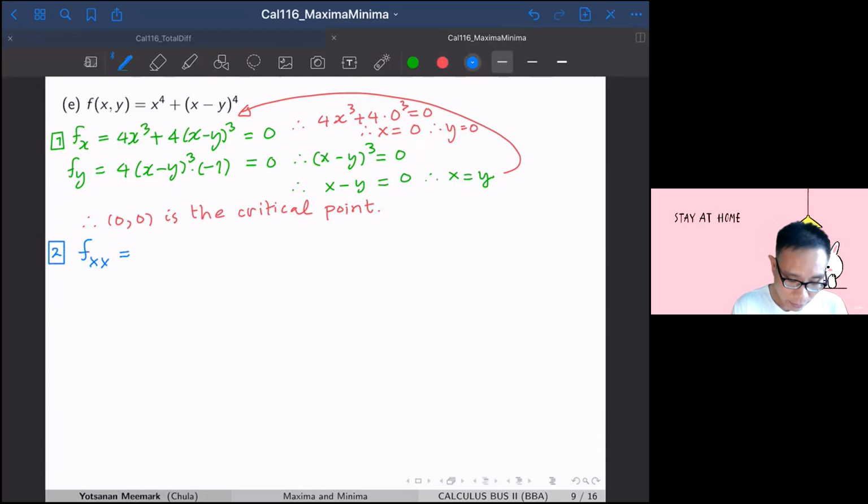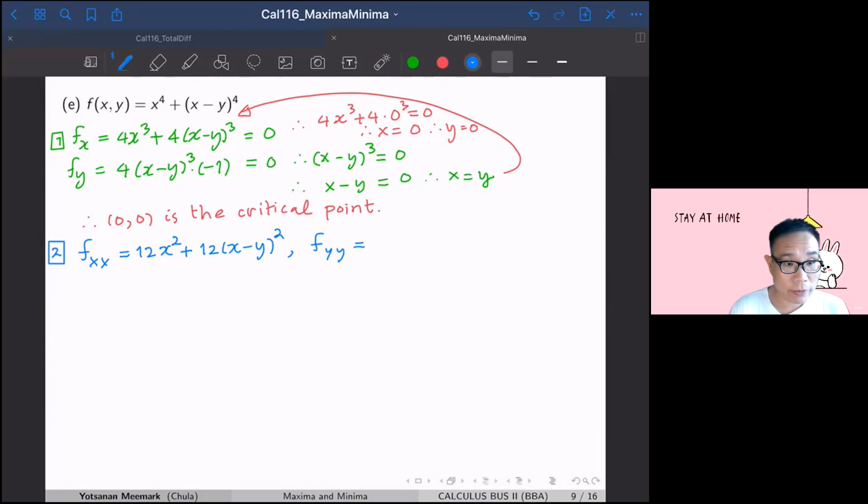So for fxx, it's going to be 12x squared, and you're going to get plus 12(x minus y) squared. Okay, so this will be your fxx. You have fyy.